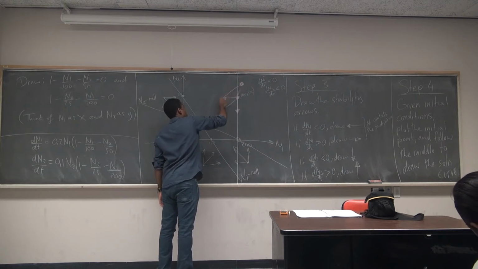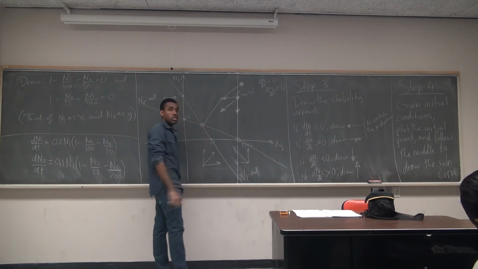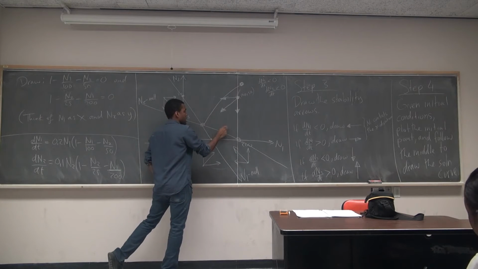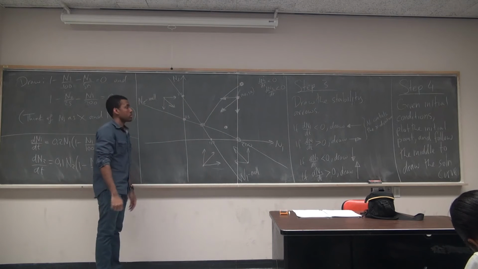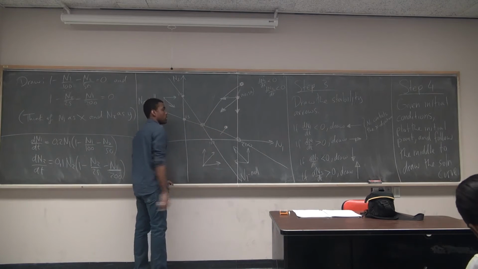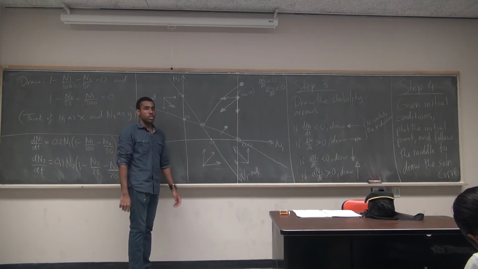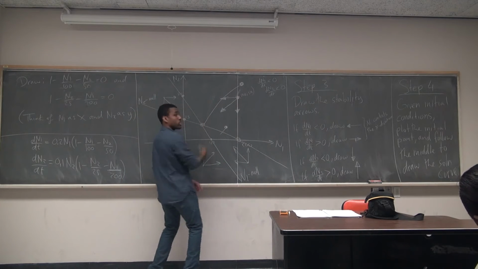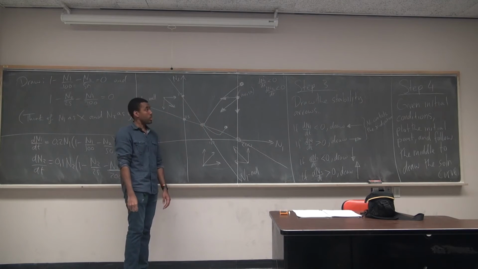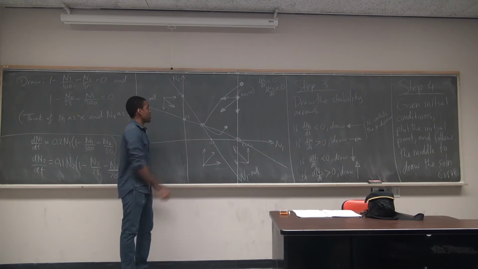So I would end up here. What if I was somewhere like here? I'd still go this way, but once I cross that line, what am I going to have to do? Going up. I'm going to turn and go up that way. Oh, snap. I'd still end up there. Interesting. What if I was like right here?